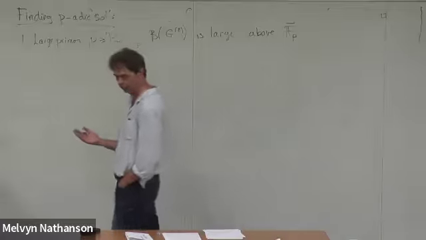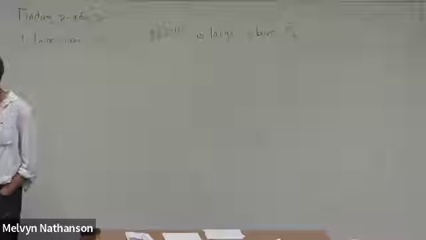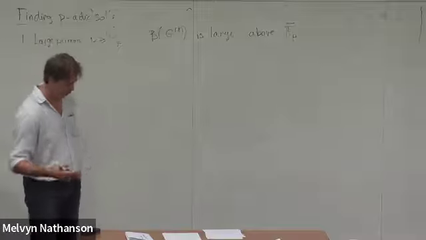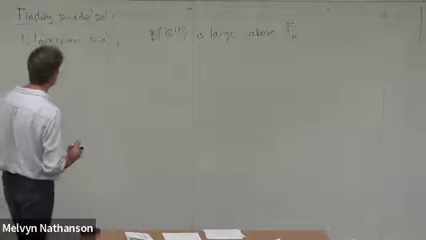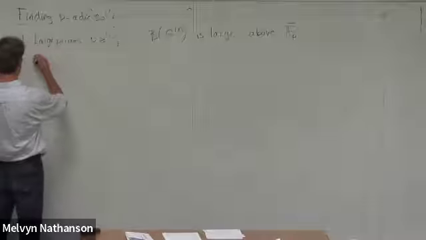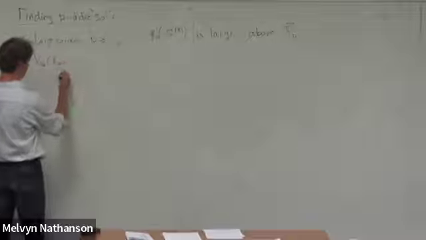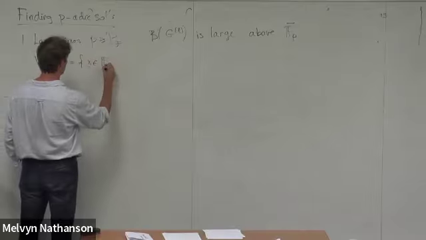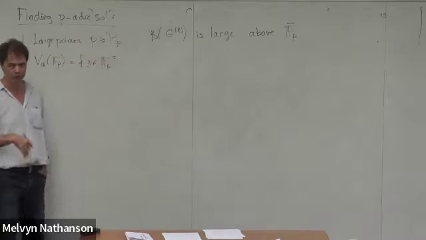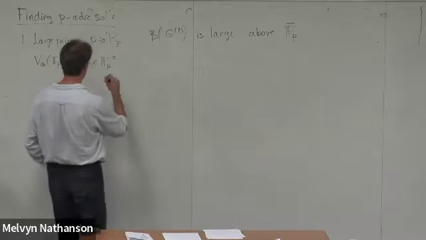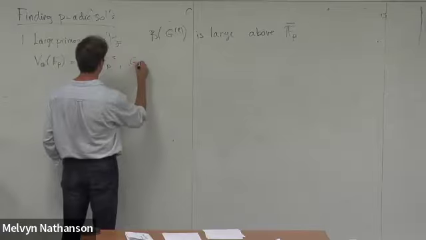And then one can use exponential sum estimates to count solutions just above F_p which are non-singular. Let's define V(G, F_p). This is just F_p, not F_p bar, the number of x in F_p to the s, of course s has changed, but let's call the remaining number of non-zero coordinates s, with G(x) equals 0.